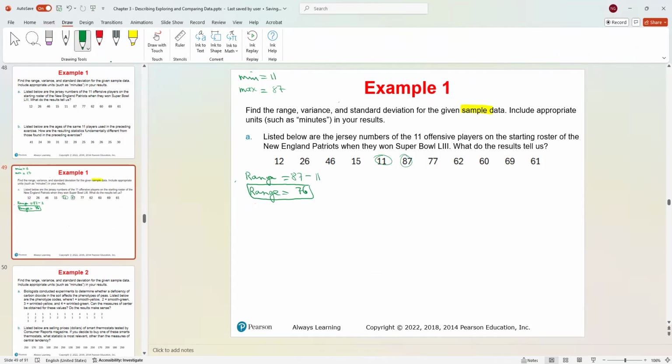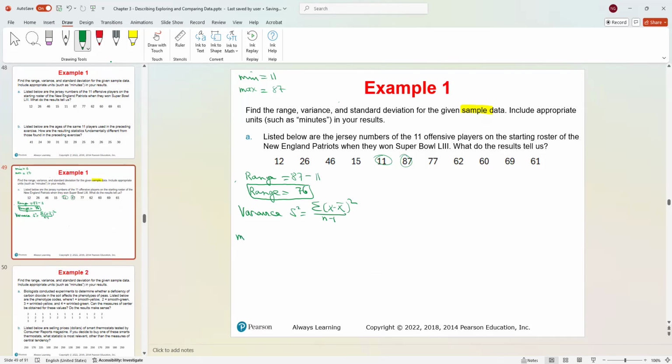If they said sample, then we know the variance we're looking for is S squared, which is the summation of (x minus x bar) squared over n minus 1. So we must find the mean. You cannot compute the variance and the standard deviation without the mean.